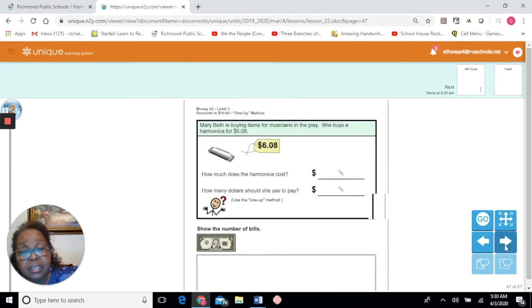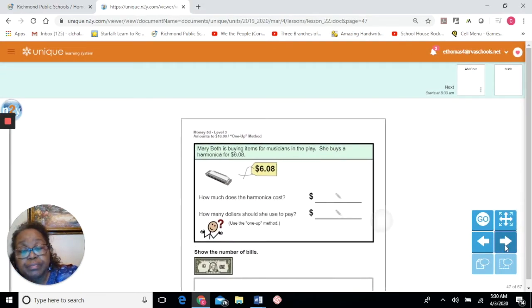Let's try this one. Mary Beth is buying items for musicians in the play. She buys a harmonica for $6.08. How much does the harmonica cost? So we know that in this box, we're going to put $6.08. Now, how many dollars should she use to pay? We don't have any change.